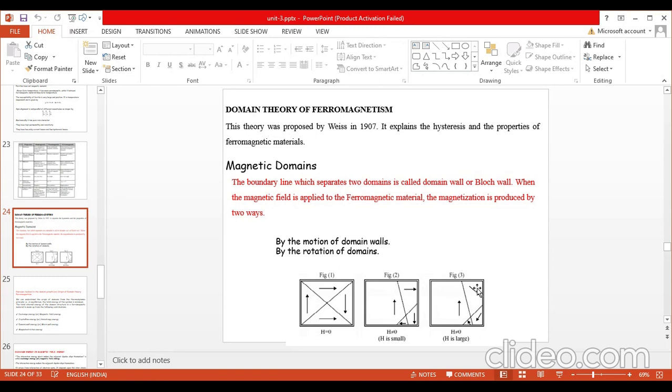After applying a huge amount of magnetic field, the domains also start to rotate. When you see these arrow marks, it seems like a circular motion. So this is the way when you are applying a small amount and a huge amount of magnetic field, the domains and domain walls can be moved and rotated.